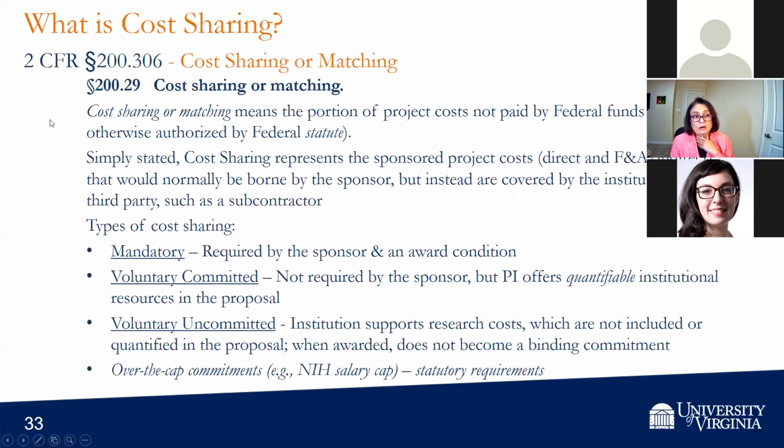Cost sharing or matching means the portion of project costs not paid by federal funds, unless otherwise authorized by federal statute.